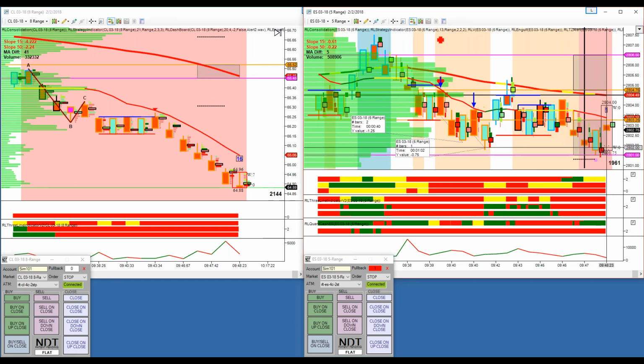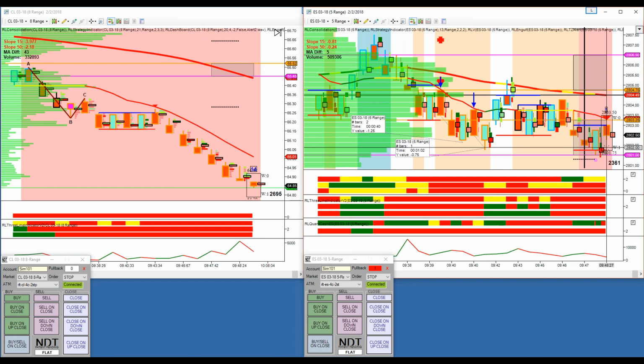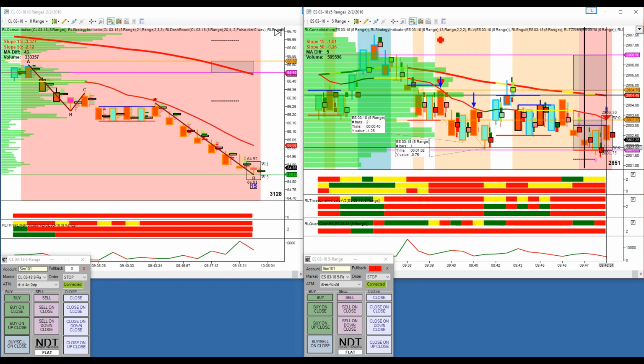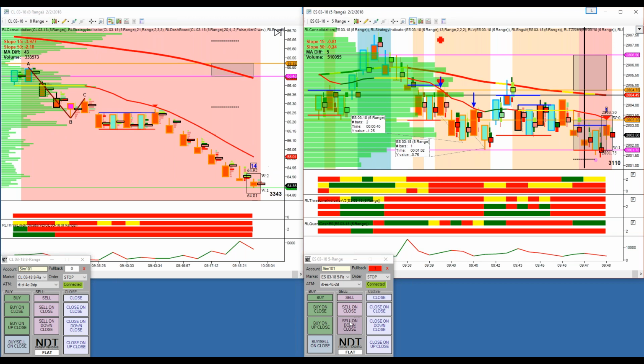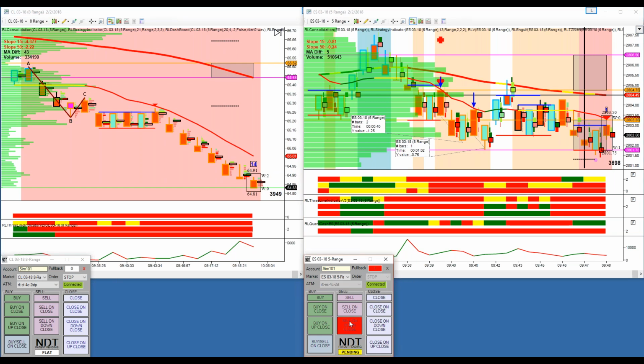Right at the value area low. I watched the down close on the E-mini. All right, we're going to sell a down close.